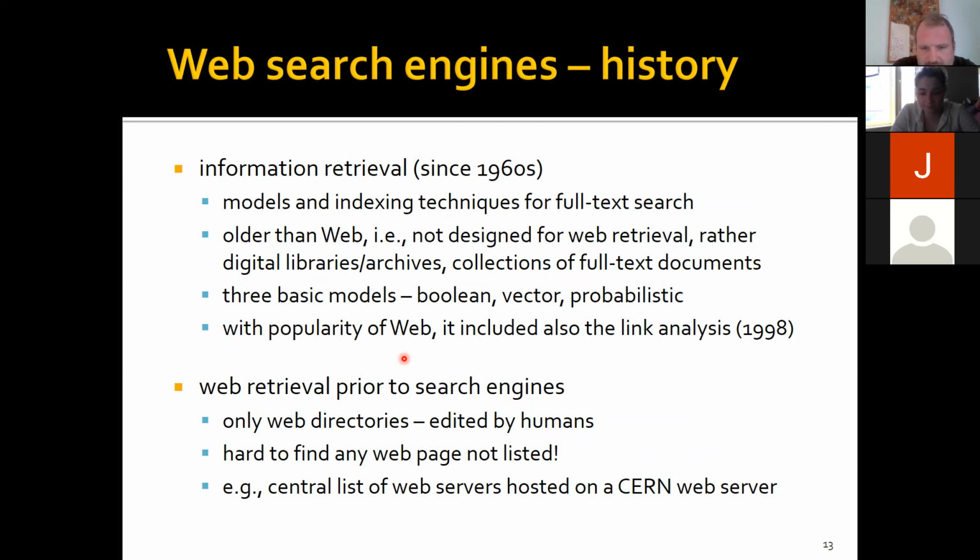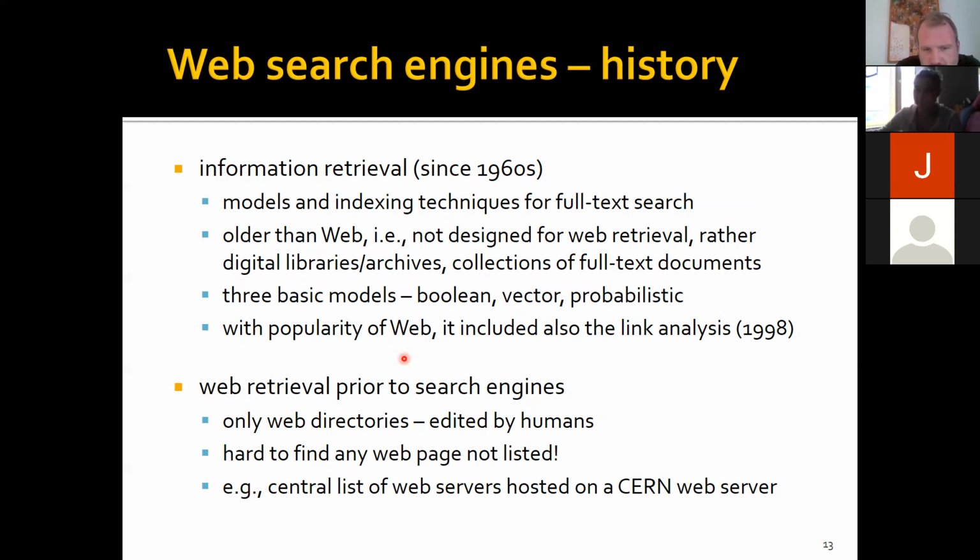In the pioneering times, the first years of the web, there were funny things like web directories that were edited by humans. So there was, let's say, a text file listing the URLs of all the web pages in the world. Of course, this was not useful once the number of web pages increased above some critical number, let's say 1,000 web pages, and then it stopped being editable by humans.